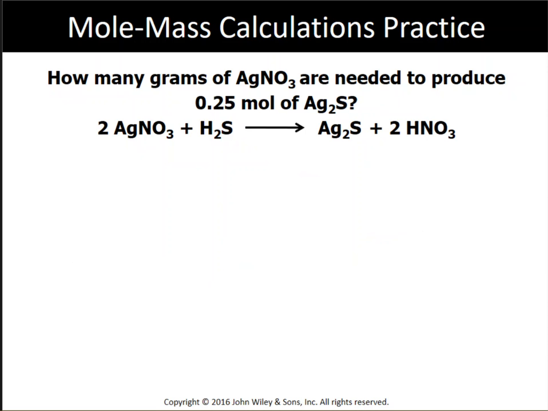So let's look at another one. You're looking at a double displacement reaction of silver nitrate and H2S that gives you silver sulfide and nitric acid. You want to know how many grams of silver nitrate are needed to produce 0.25 moles of silver sulfide.